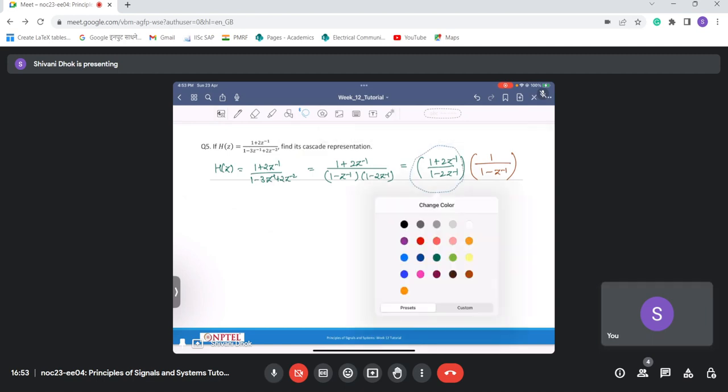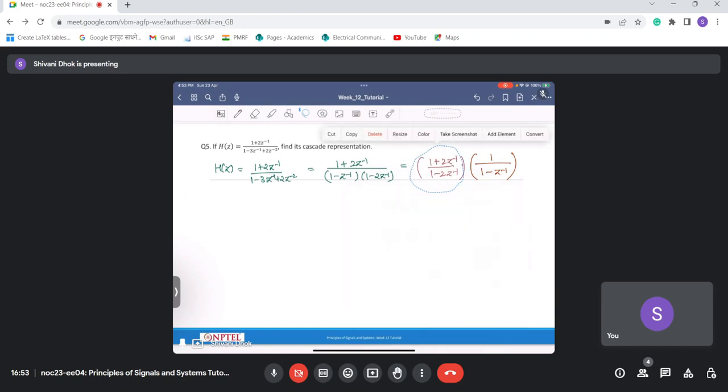So here we are assuming that the denominator is factorizable. It may or may not be. If it doesn't, then you just split it into two parts and apply your cascade. You try to reduce it to the simplest form. It will change from system to system.